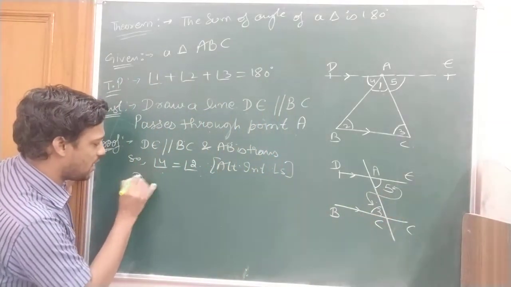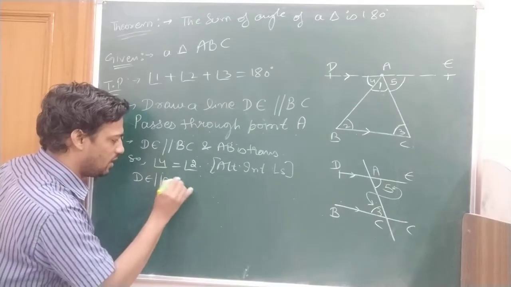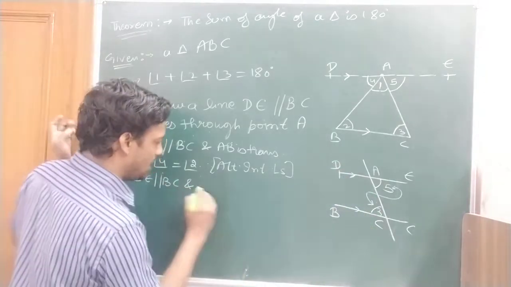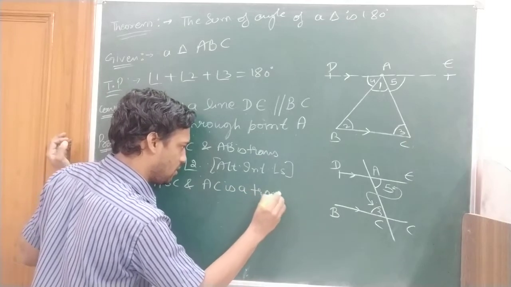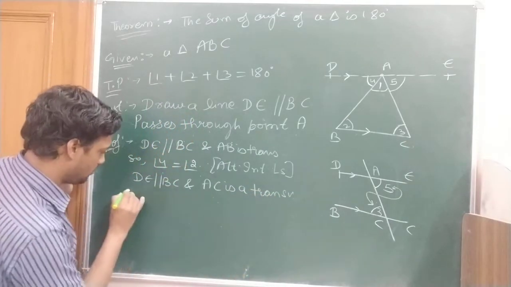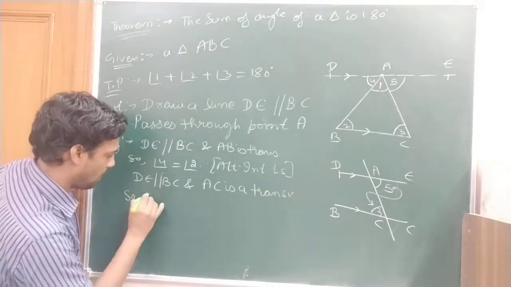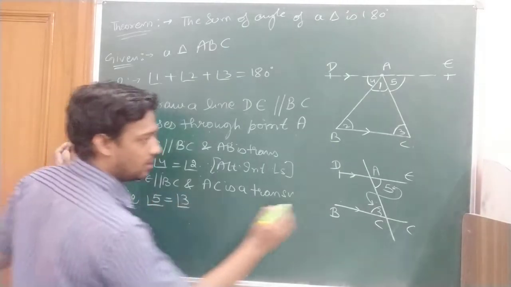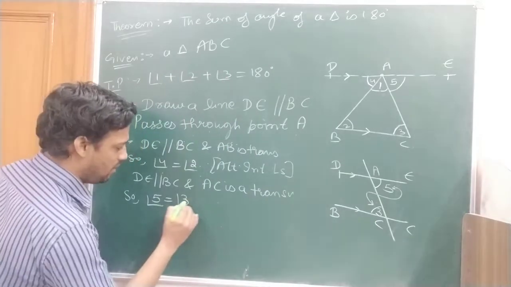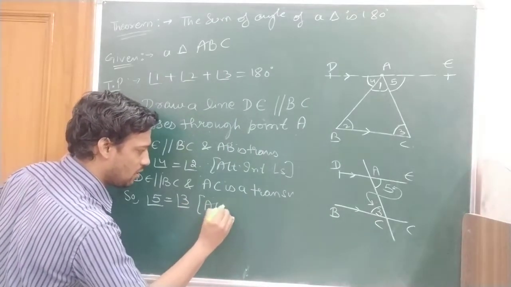So how can I write it? DE parallel to BC, and now what is the transversal? AC is a transversal line. So angle 5 equals angle 3.